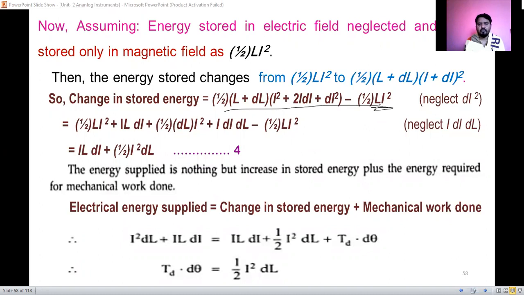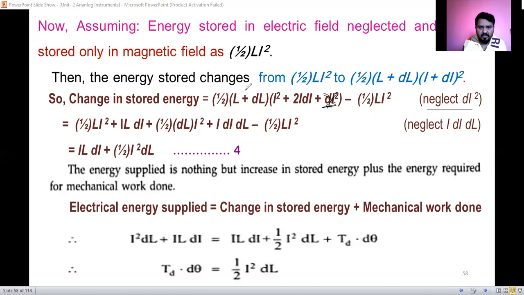Okay, so here what we have to do is neglect the second order terms. See here, the second order differential term di square we are going to neglect, and also dL into di, which we get after multiplication. Now I will multiply here 1 by 2 into L into I square.